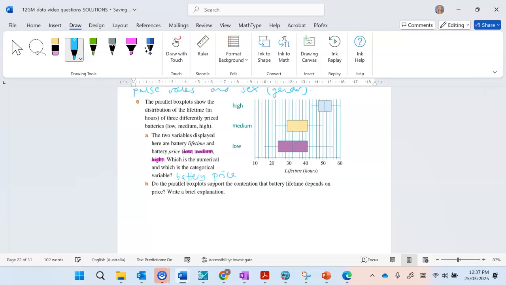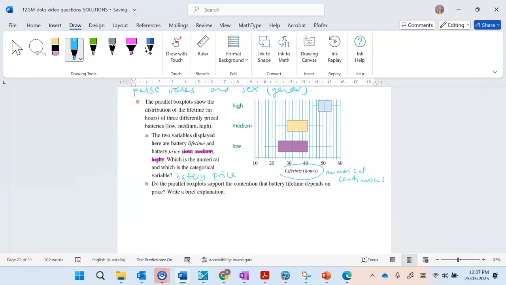So we use parallel box plots when we have one categorical variable and one numerical variable, which you would have seen in the previous one, and this one here. So lifetime is measured in hours, so that is numerical and also continuous. Now, battery price is categorical, but it's also ordinal.